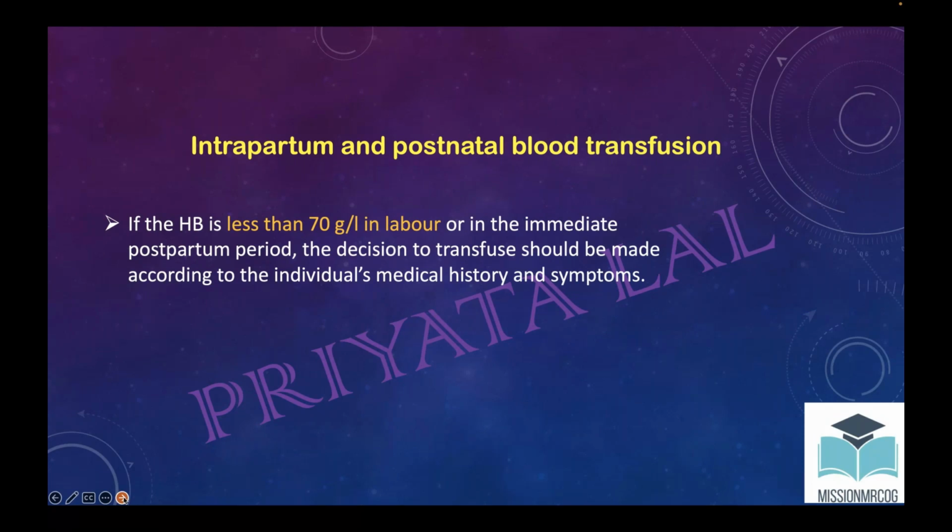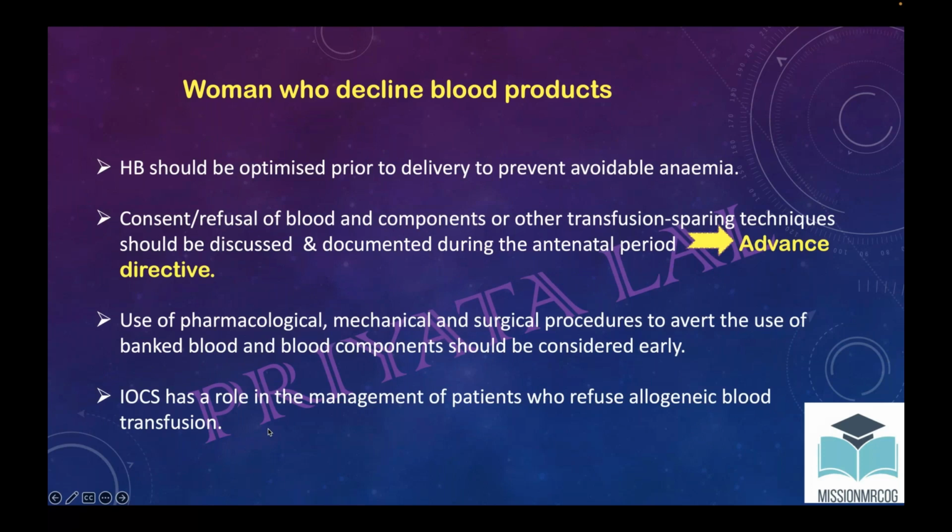Now, for a patient who declines blood, or a Jehovah's Witness, ideally there should be optimization of hemoglobin and there should be documentation. An advance directive is a document where what the patient will accept or refuse is documented.